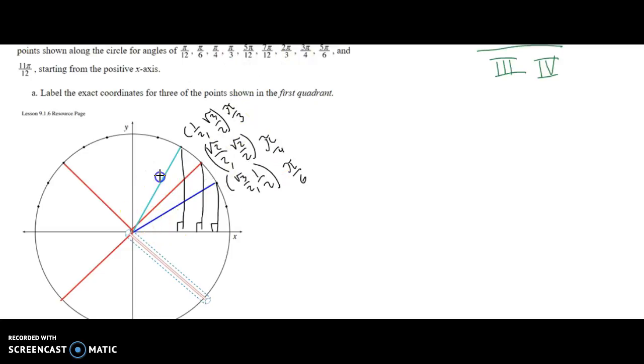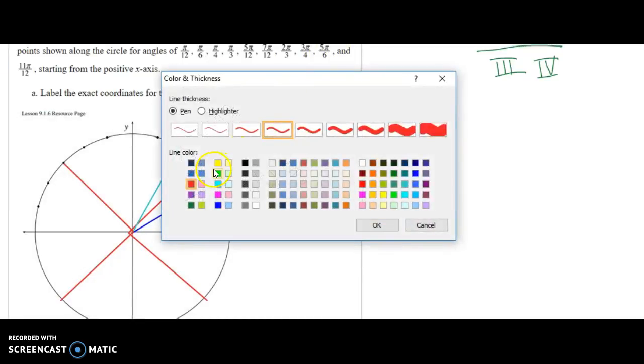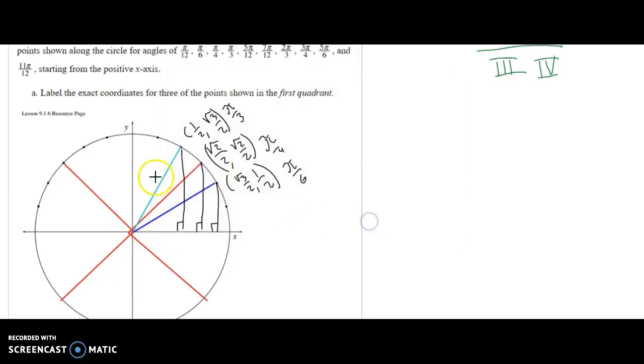And then we can also change, and now we got this, right?